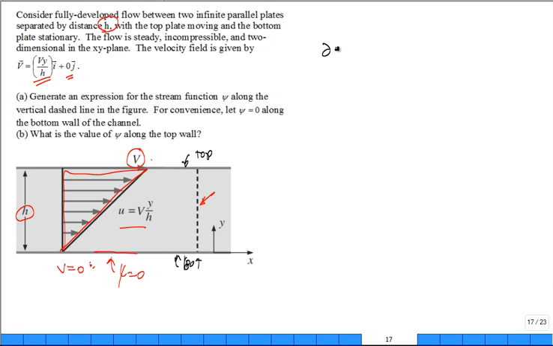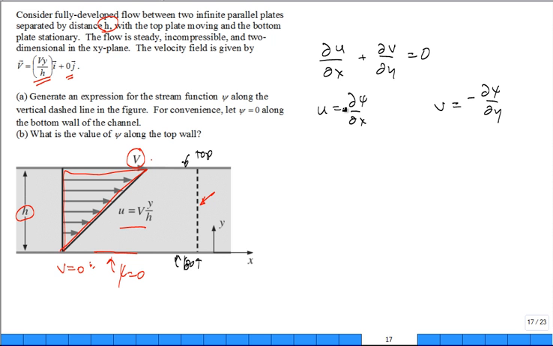We have the partial of u with respect to x plus the partial of v with respect to y is equal to 0. True? We said that u is the partial of psi with respect to y, and v is equal to minus the partial of psi with respect to x.